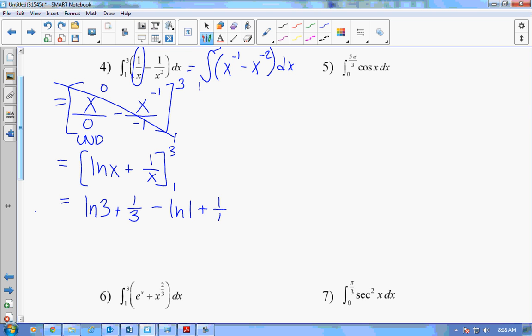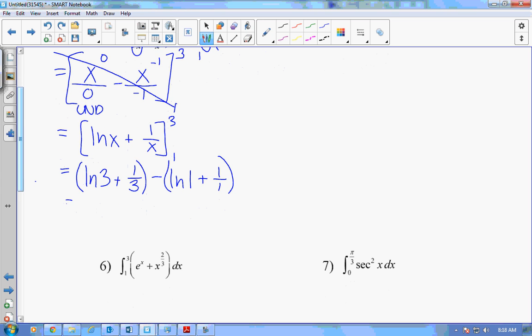Okay, is this good? Parentheses. That first grouping, maybe not as important, but the second grouping, very important. Equals natural log 3 plus 1/3 minus natural log 1 minus 1, because we need to distribute in that negative.